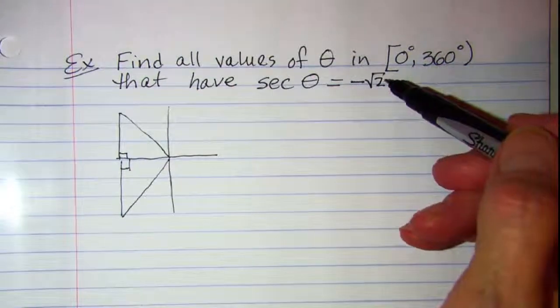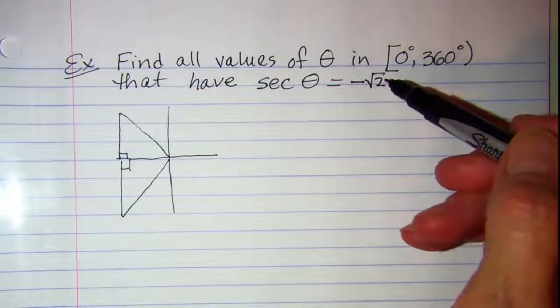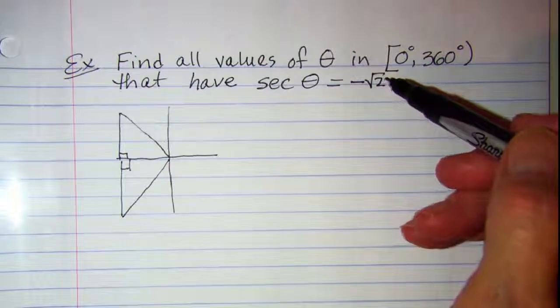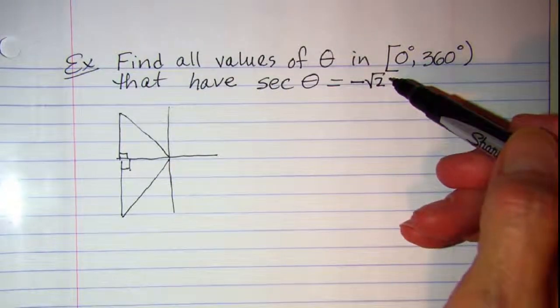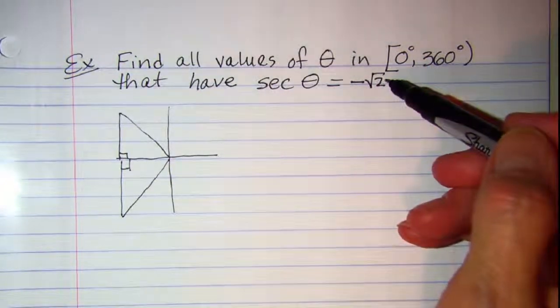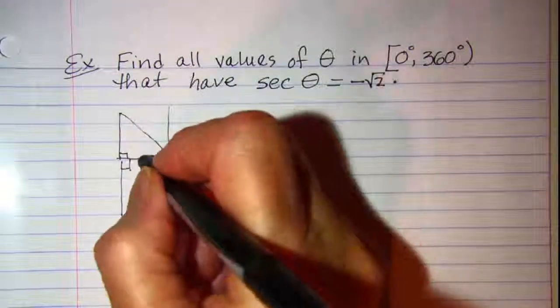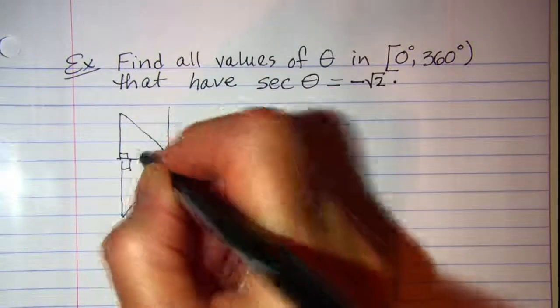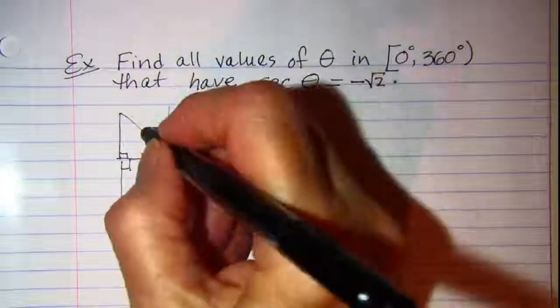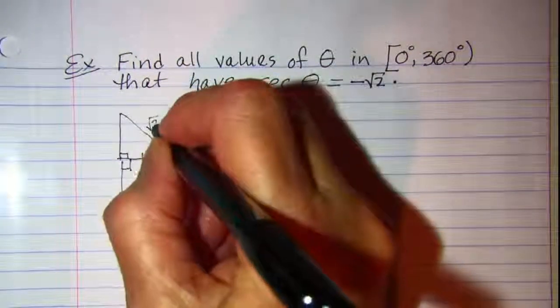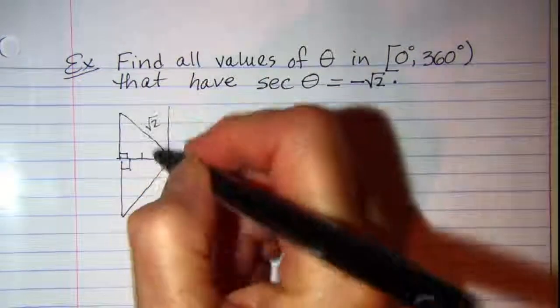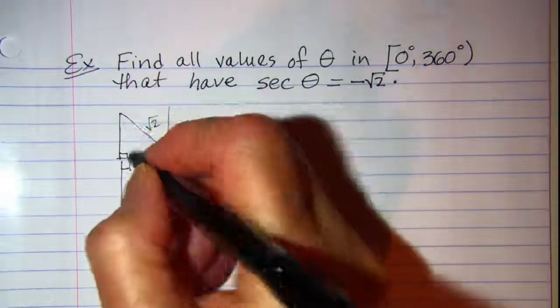Now secant is defined as hypotenuse over adjacent. So my adjacent side will be 1, and my hypotenuse will be a root 2. Now it won't be a negative root 2 because this r value is always positive.